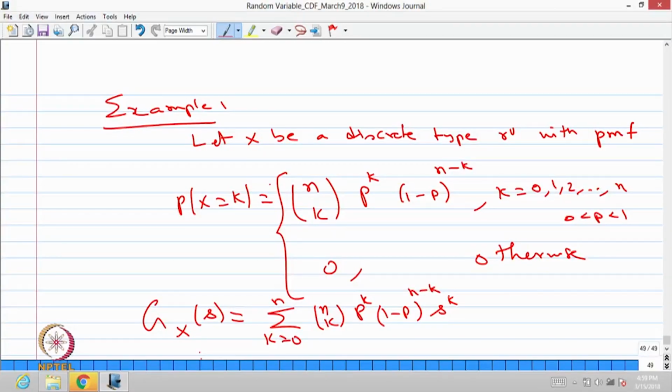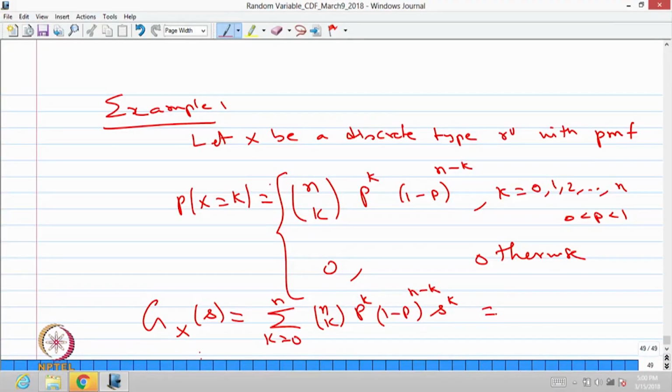And if you see the summation, this always converges. Summation k equal to 0 to n, n C k p power k 1 minus p power n minus k into s power k. You do not need to expand and then do the simplification. p power k and s power k you can keep together. Then it becomes p s power k 1 minus p power n minus k, and this is nothing but the binomial summation.